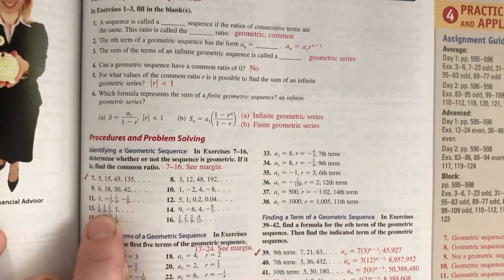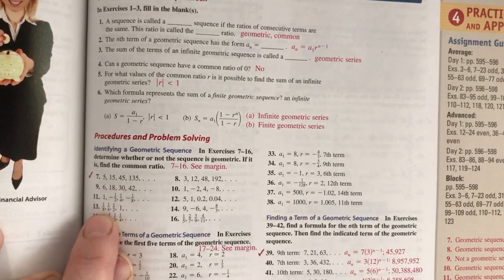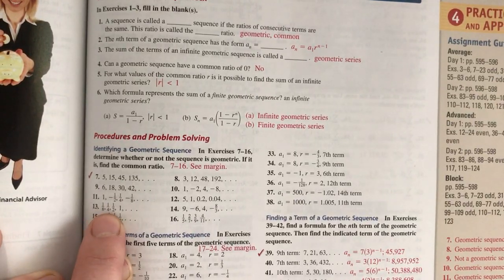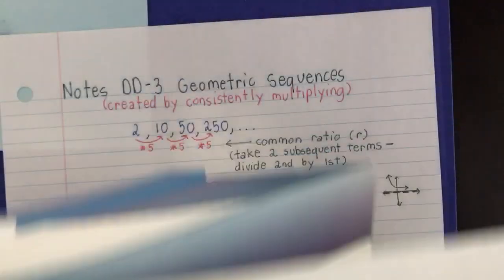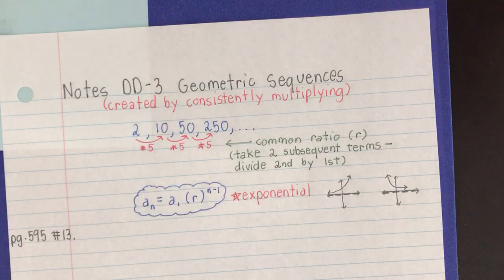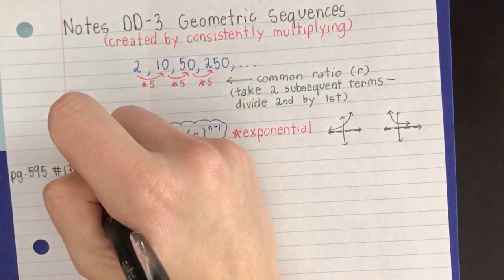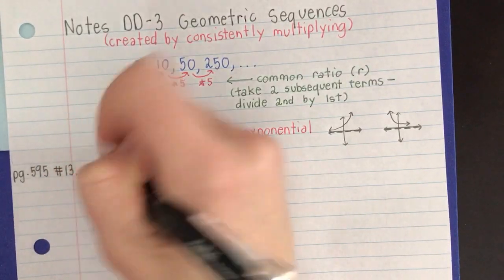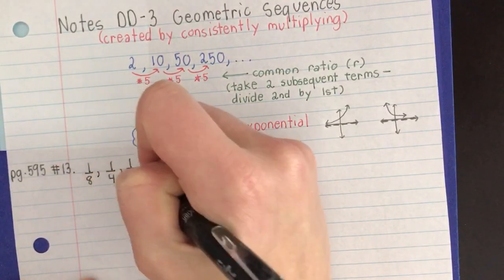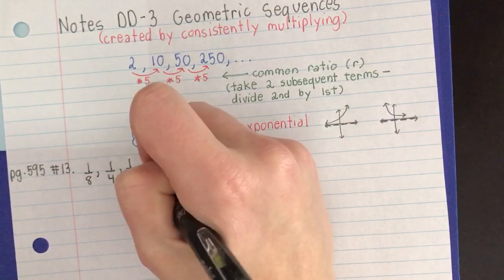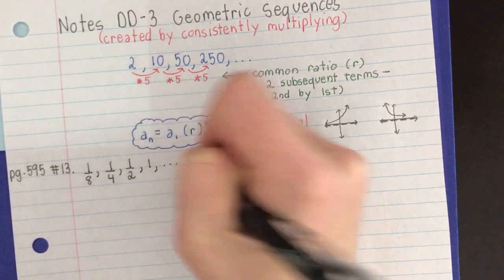Again, number 13. Notice the first value is 1/8, then 1/4, then 1/2, then 1. We're going to go ahead and write that down: 1/8, 1/4, 1/2, 1, and then dot, dot, dot.